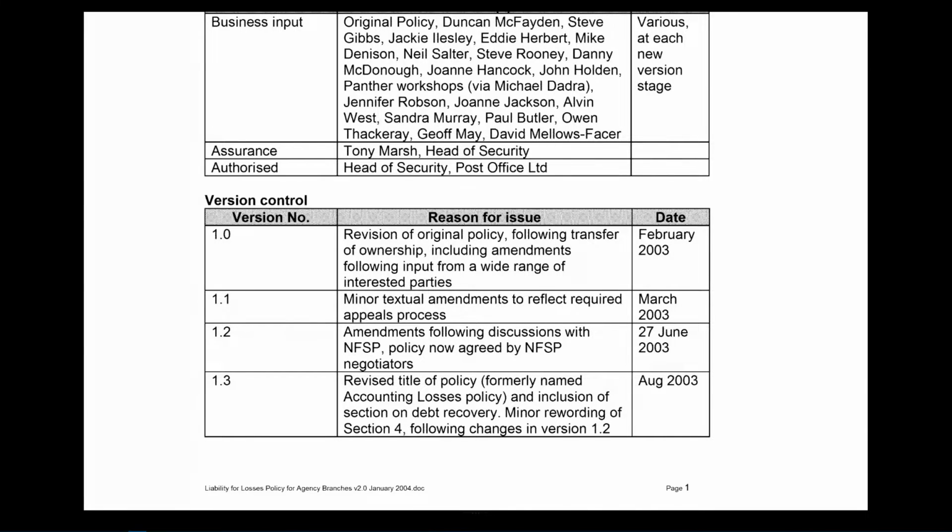I think the previous policies were, maybe as a matter of courtesy, but also in terms of engagement and input. I don't personally recall the meetings, but there would have been meetings to have had that. I'm guessing, I suppose, that the involvement would be agents are implicated by the policy, and therefore the Federation would. And that was typical, was it, of these kinds of policy documents, that they would be agreed with the NFSP? Yeah.